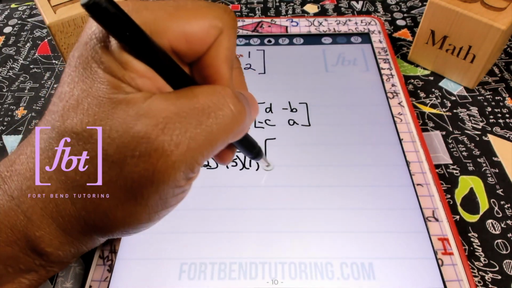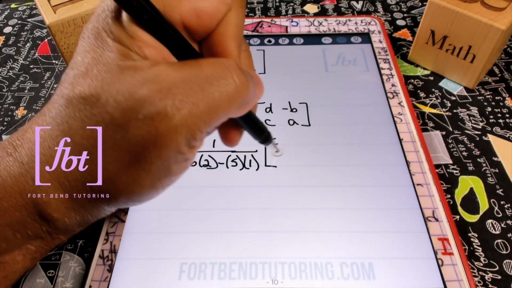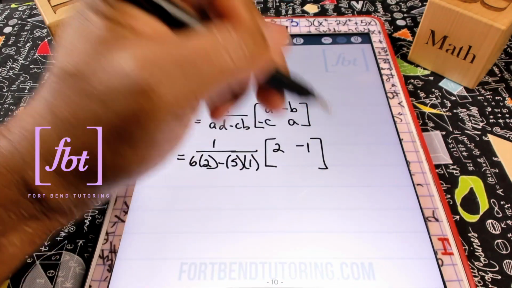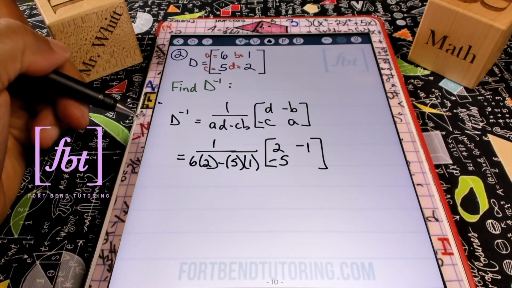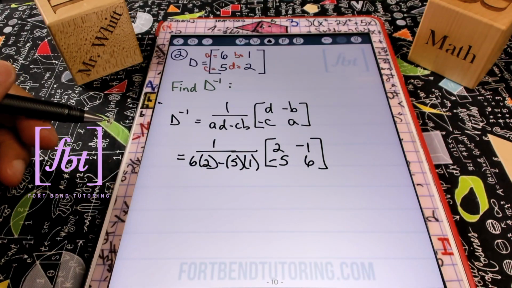We'll then multiply that times the matrix that contains the elements D, which is 2, the opposite of B, which is negative 1, then the opposite of C, which is negative 5, and finally the value A, which is 6. And this is going to be our setup here.